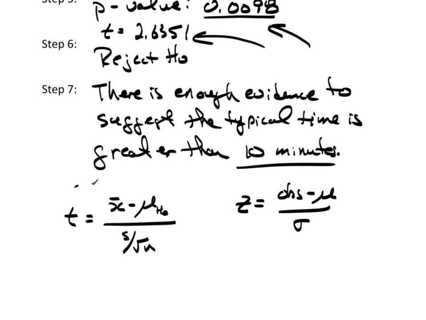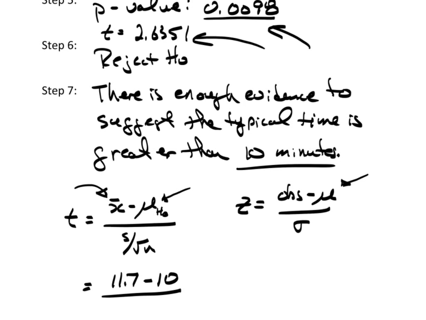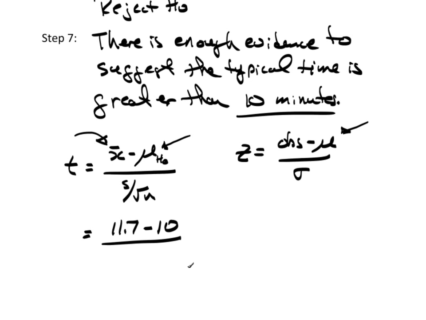Well, the observed value here is a sample mean. The mean, mu, in this case, is what we stated it was under the null hypothesis. So x bar here was 11.7 minus the mean under the null hypothesis, we're testing to see if it's greater than 10, divided by the standard deviation, which the sample standard deviation was 2.4986, which is then in turn divided by the square root of 15.